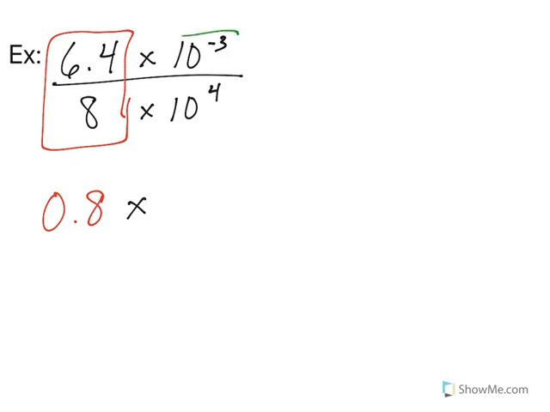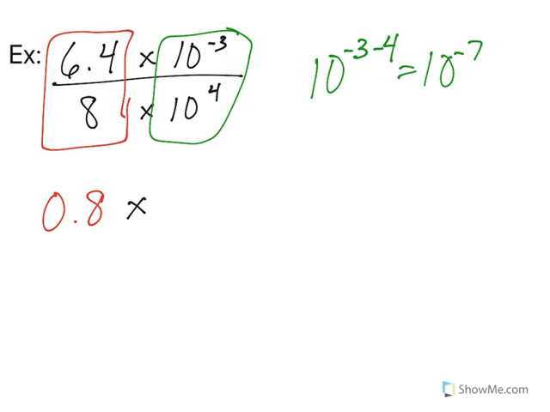We'll get to that in a moment. Base 10 numbers: same base, so I subtract. Negative 3 minus 4 is negative 7. So right now I have 0.8 times 10 to the negative 7th. We need to focus on that 0.8. We need to change that to scientific notation.